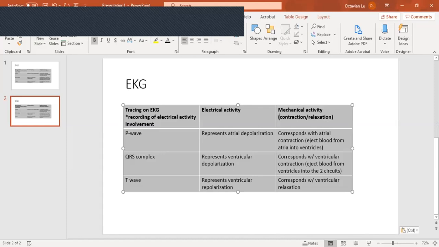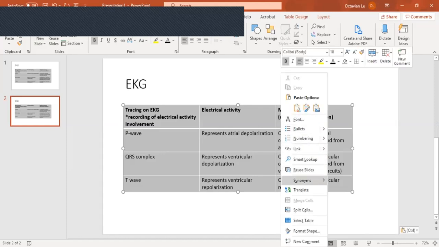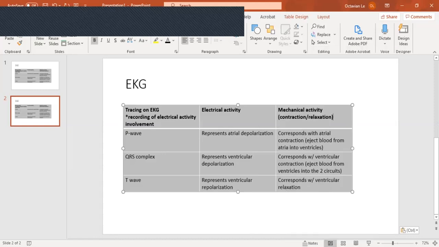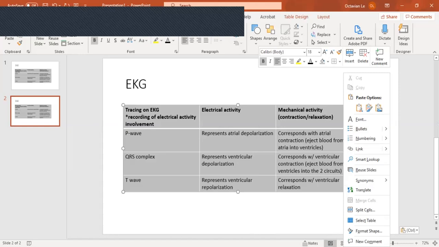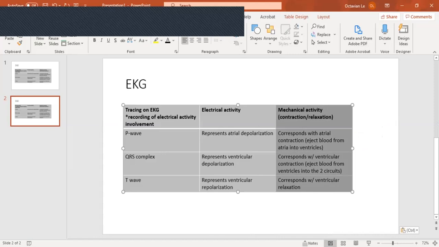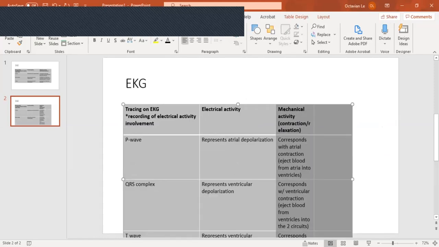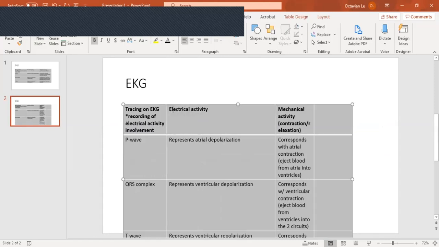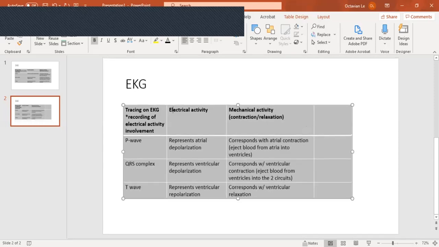What I'm going to do now is add more columns. I don't think I can add columns, but I can split the cells into two columns. Yes, perfect. So let's make it more proportional on this.